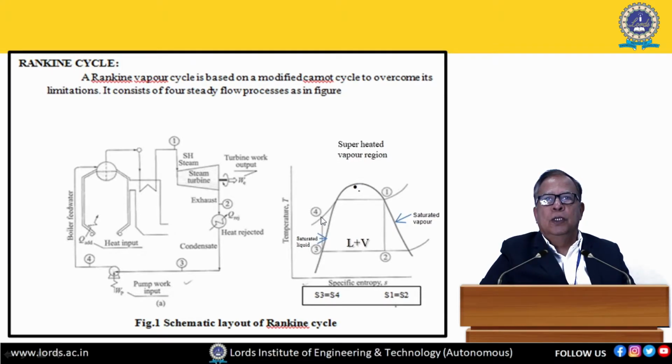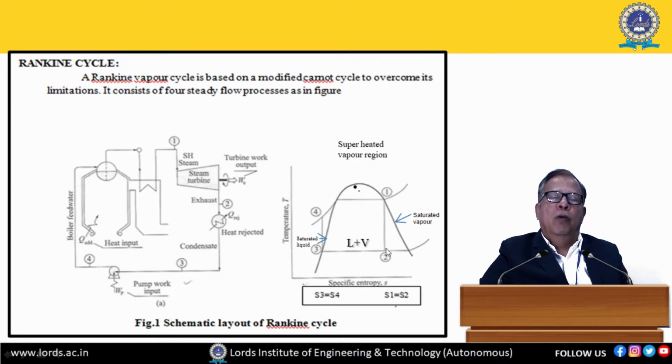Heat rejection takes place again at constant pressure in the condenser, and finally the wet steam is completely converted into water. When it touches this line, it becomes completely water. That is why it is called the saturated liquid line. Then from 3 to 4 again, isentropic compression takes place in the pump, and the cycle repeats. Next.